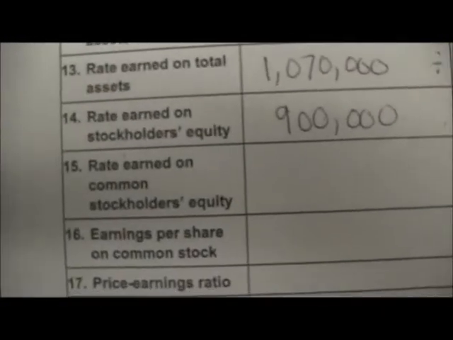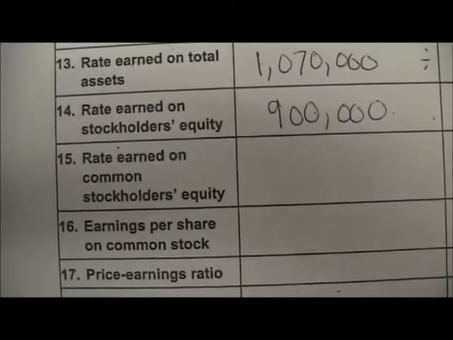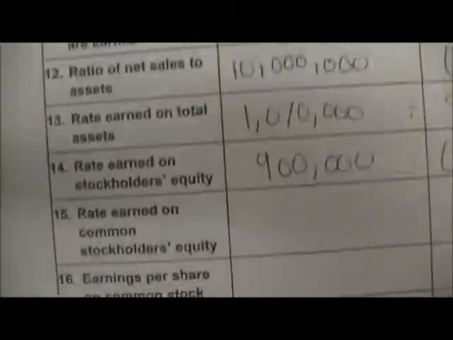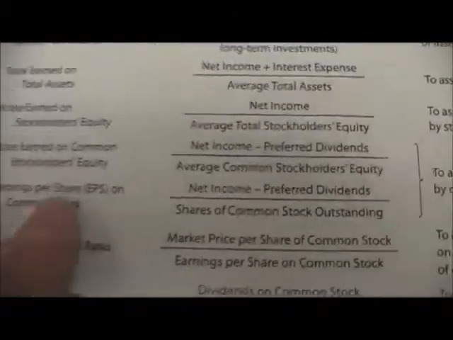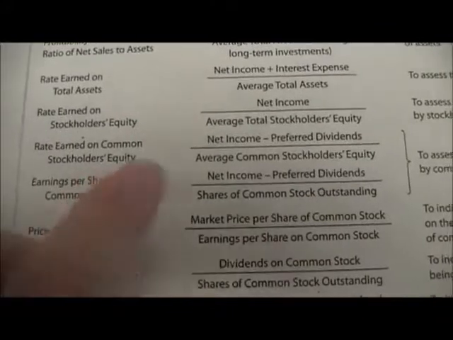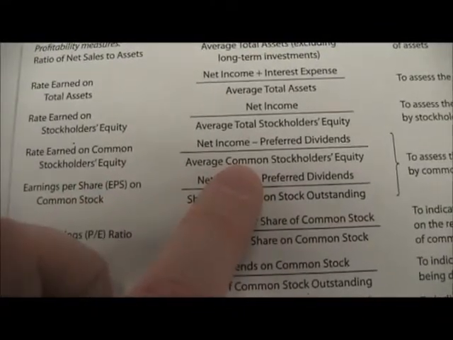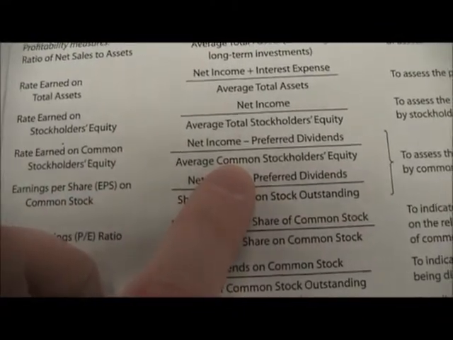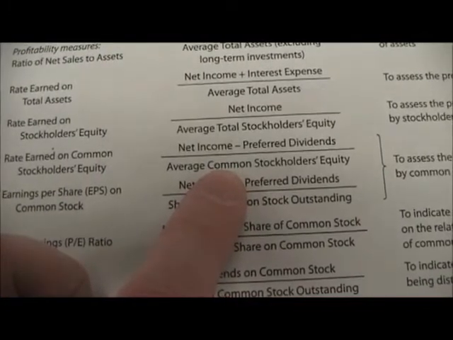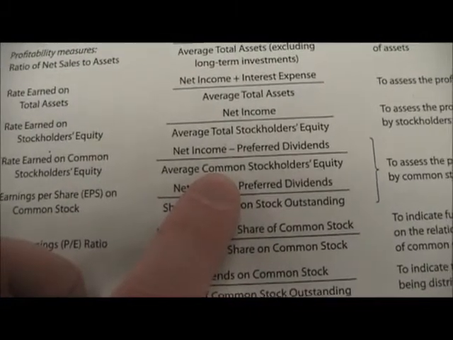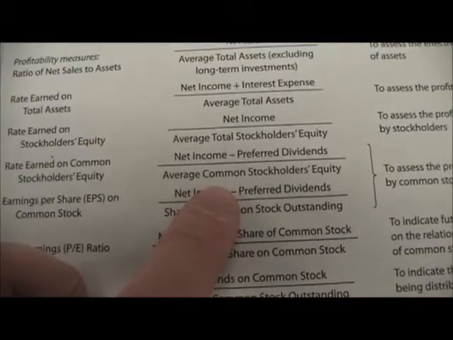Okay, the next one is the rate earned on common stockholders' equity. The rate earned on common stockholders' equity is net income minus preferred dividends divided by the average common stockholders' equity.